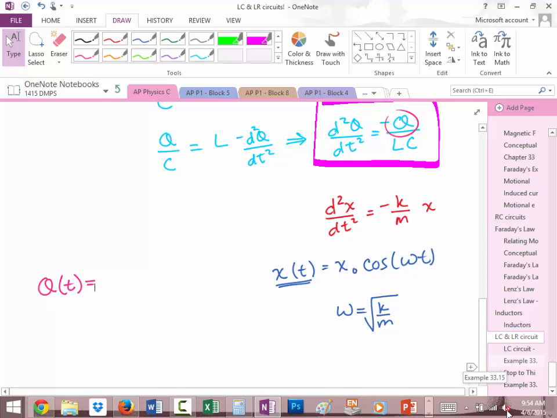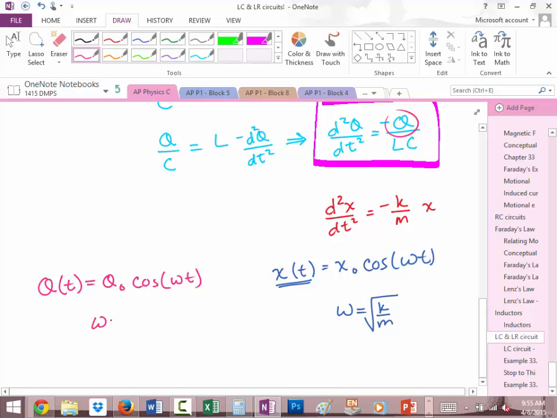Q of t is equal to Q naught. So that's the maximum charge, the charge that was on the capacitor to start with, times cosine of omega t. It's no big deal. That's all it is.